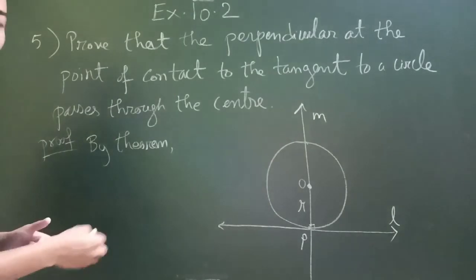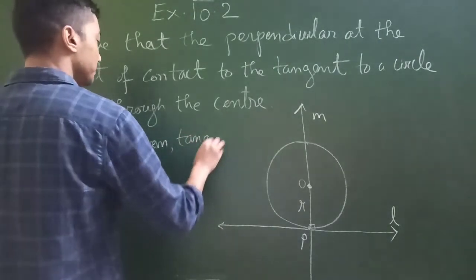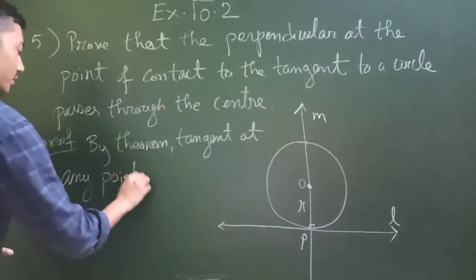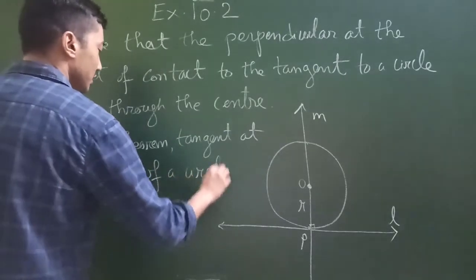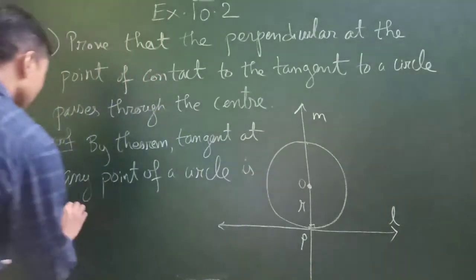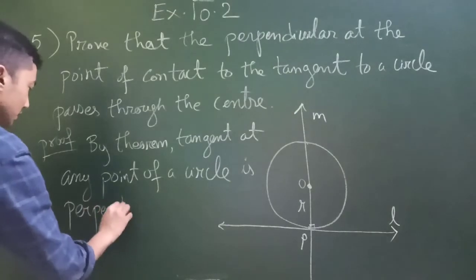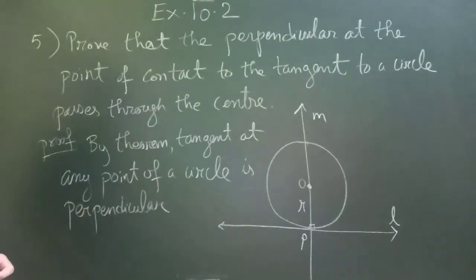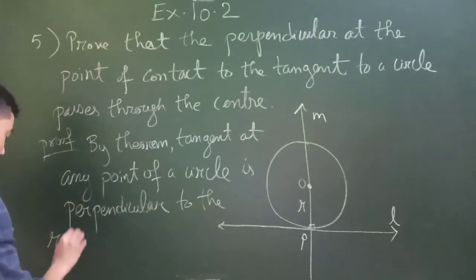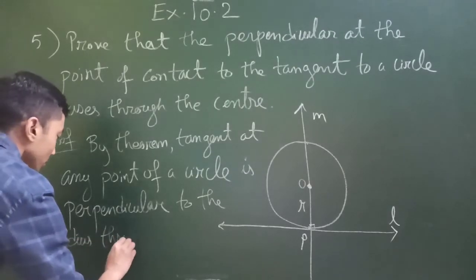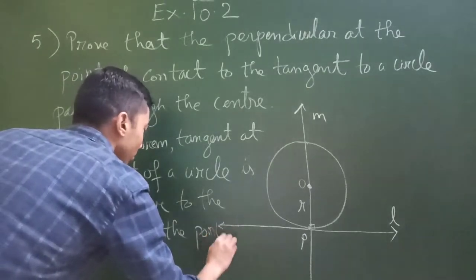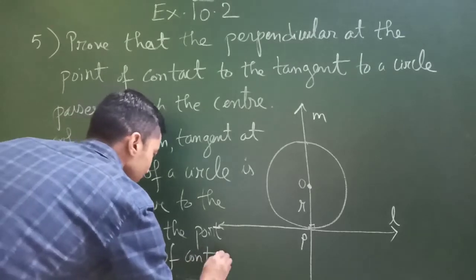By theorem, tangent at any point of a circle is perpendicular to the radius through the point of contact.